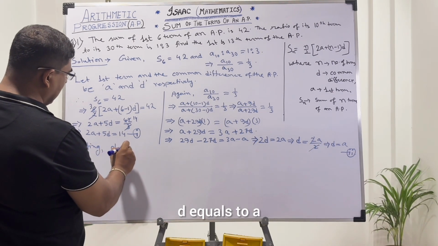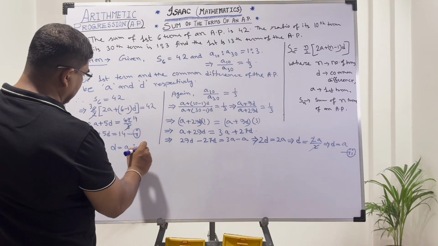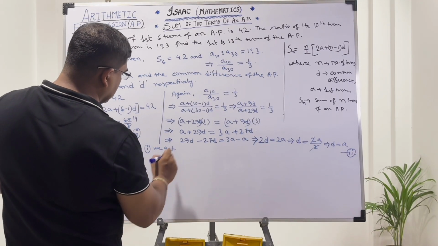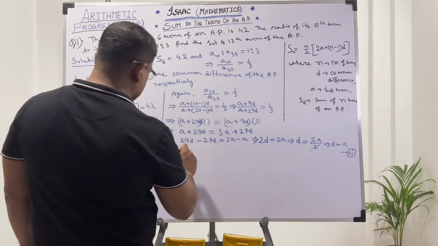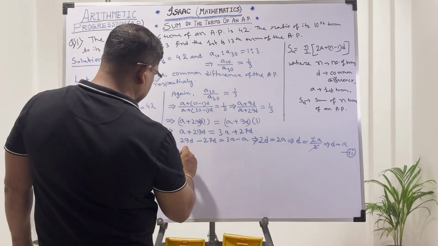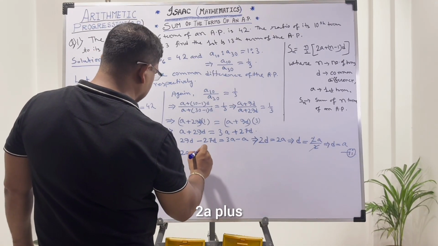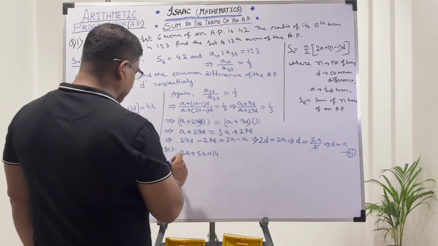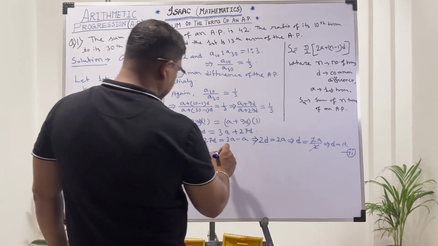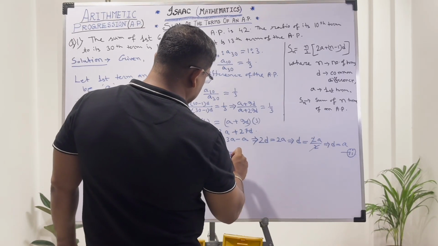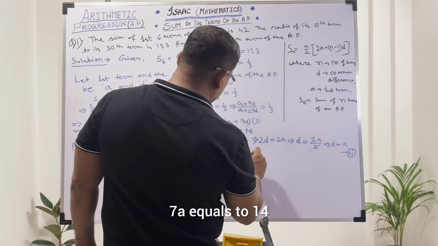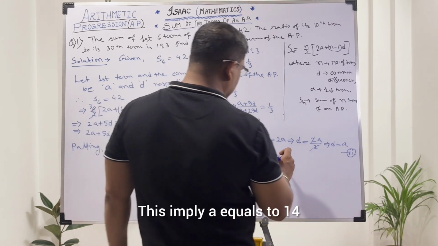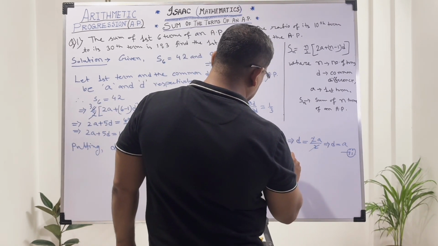Putting D equals A in 1, we get 2A plus 5A equals 14. This implies 7A equals 14. This implies A equals 14 by 7.